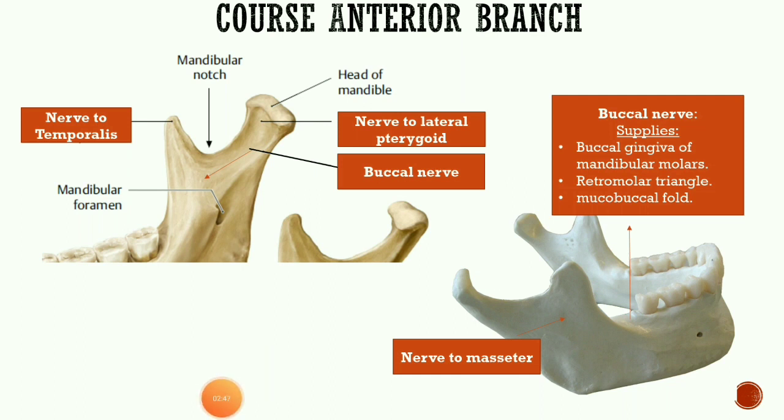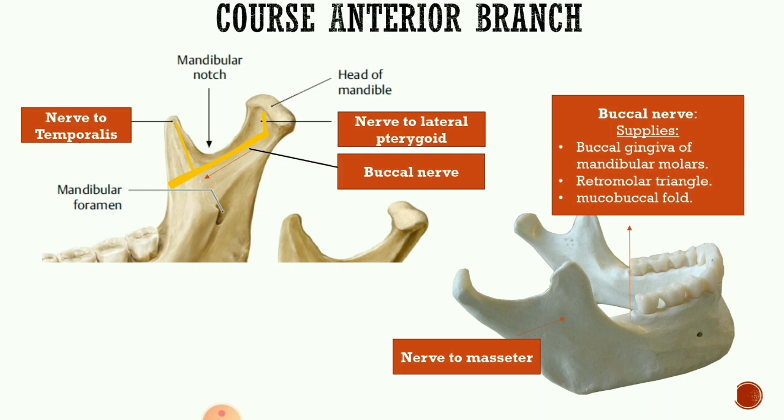So this small anterior branch travels over the inner surface of the mandible, and while traveling forwards and downwards, it gives off one branch to the lateral pterygoid muscle. From there it travels downwards and forwards, and it gives one branch to the temporalis muscle over the coronoid process.